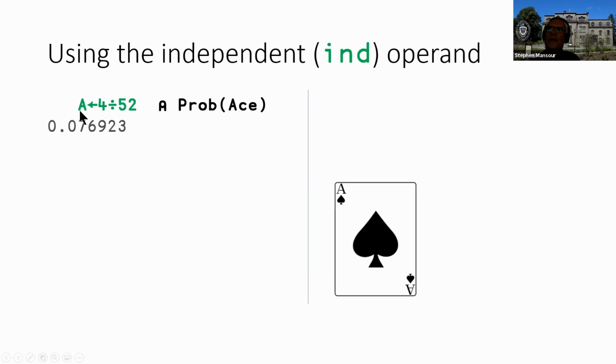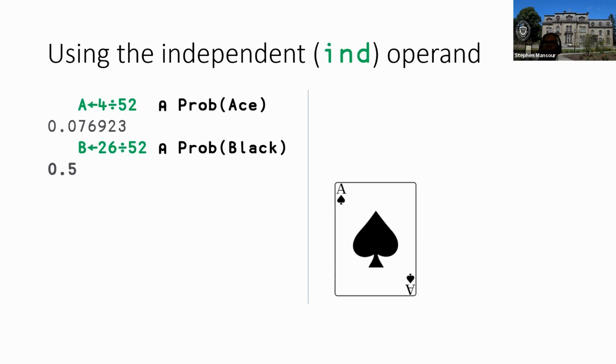We're going to call the event A. There are 4 out of 52 cards that are aces, so the probability of an ace is 0.0769. The probability that I select a black card, which is a spade or a club, is 26 out of 52, of course, 50%.